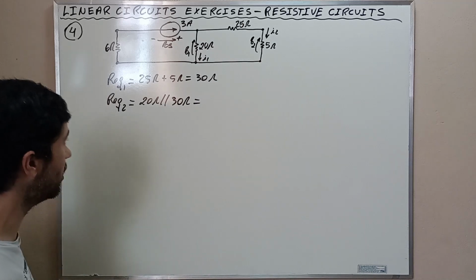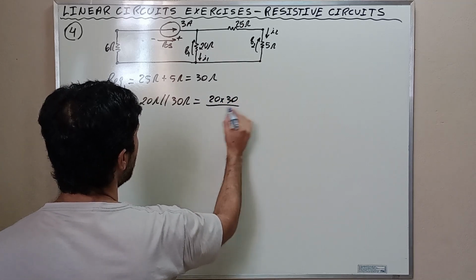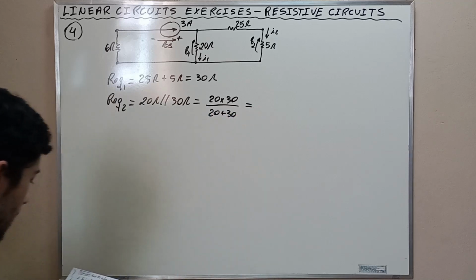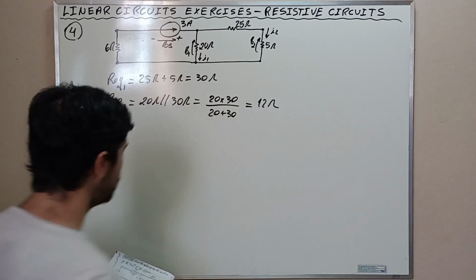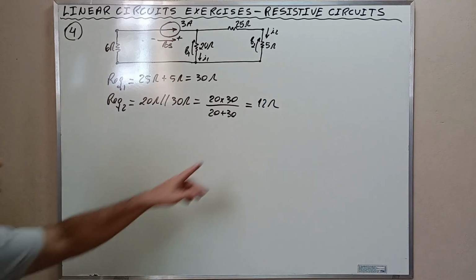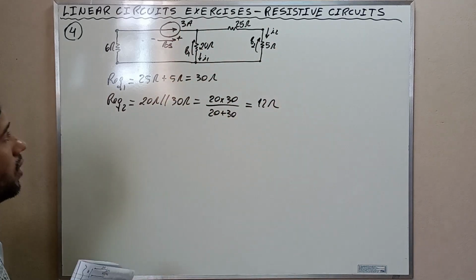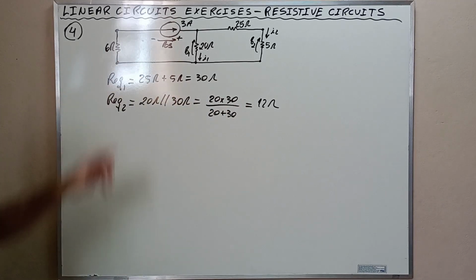And this is equal to the product divided by the sum. And this is equal to 12 ohms. And this 12 ohms replaces all this. And observe that this 12 ohms is in series with this 6 ohms.